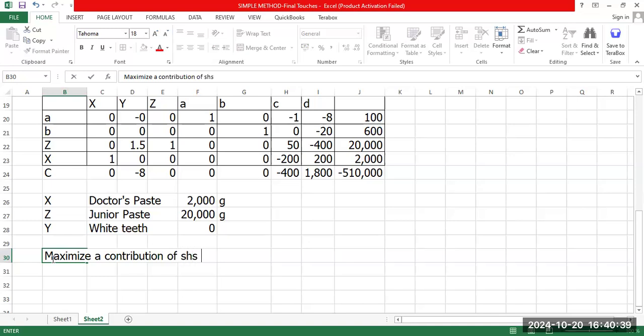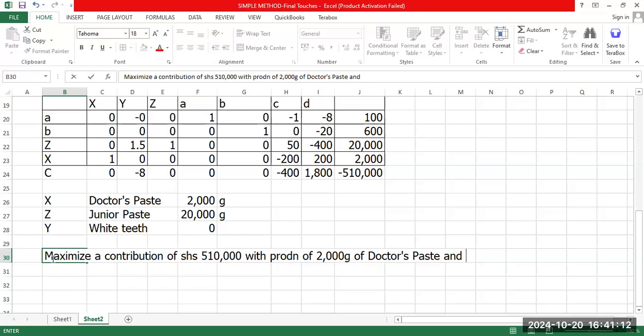Contribution of shillings, how much? 510,000, with the production of 2,000 grams of doctors paste and 20,000 grams of junior paste powder.